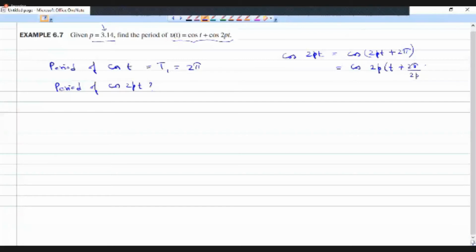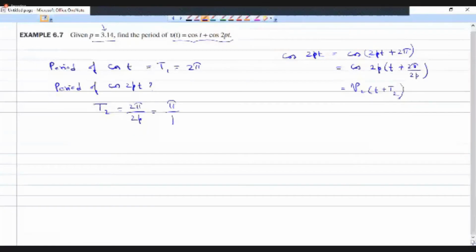So we can compare this with v2 of t plus capital T2. So I can write T2 is equal to 2 pi by 2p, which is nothing but pi by p.